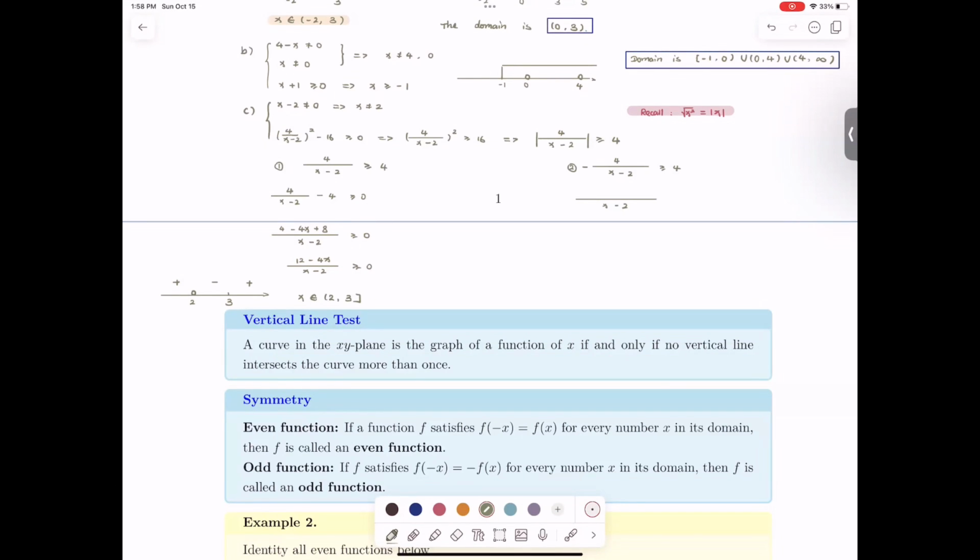So 4 times, so 4x minus 8 plus 4 instead of negative 4, which is less or equal to 0. All I did is move this to the other side. On the top, I'm gonna have 4x minus 4 over x minus 2, which is less or equal to 0.